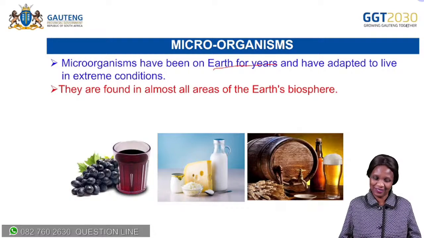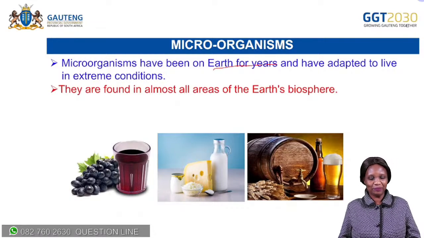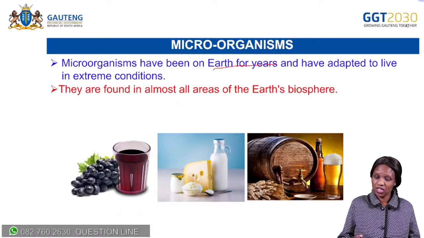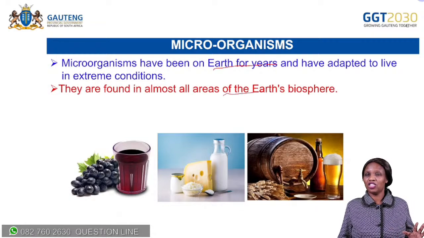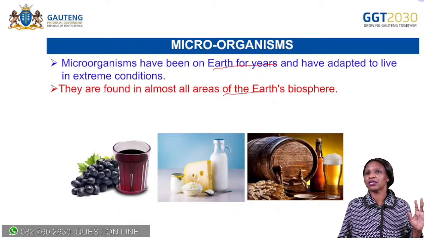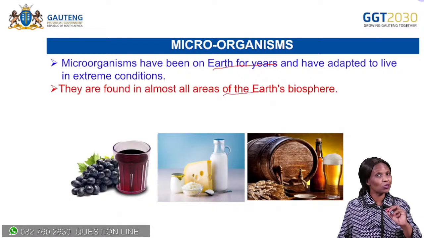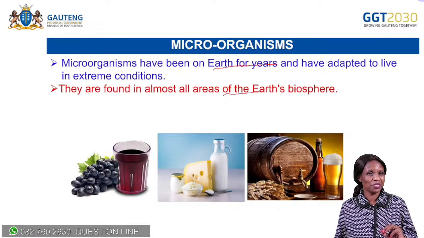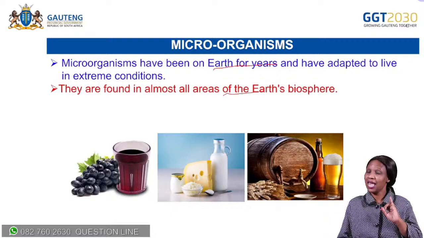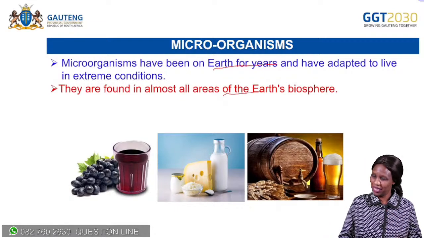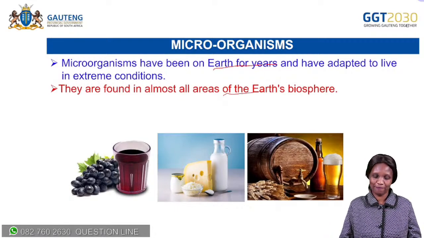Do you get that? And then they are found in almost all the areas, especially the Earth's biospheres. You come across different microorganisms. Remember, we said we've got harmful microorganisms and useful microorganisms. All right.